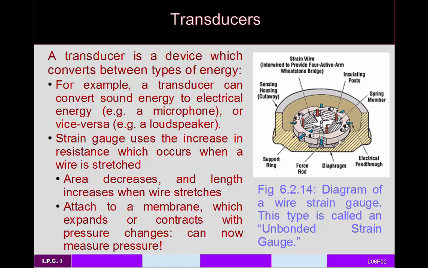And so this is all attached then to a membrane which can expand or contract with pressure changes. And so when it expands or contracts, it places a strain or releases strain on the wire, and therefore you get different resistance in the wire, and therefore you can measure just how much strain has been placed on the membrane. It allows you to measure pressure, for example.